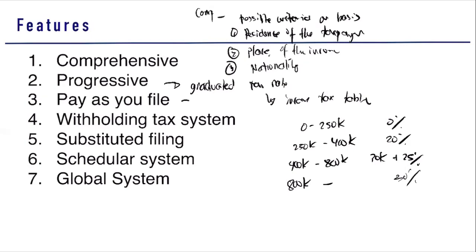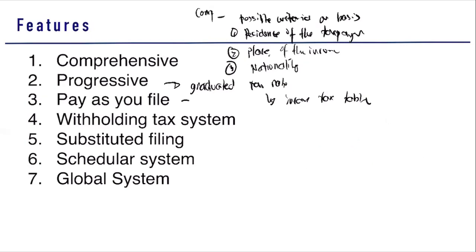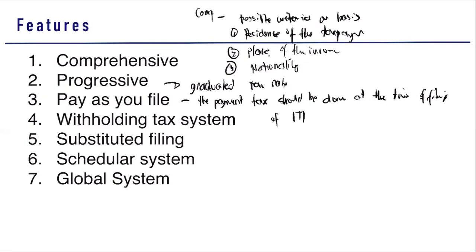Next, pay as you file. So what do we mean by pay as you file system? This pay as you file system pertains to the payment of tax. The payment of tax should be done at the time of filing of the income tax return. So for example, you file your income tax return here right now, then you should also pay the income tax.